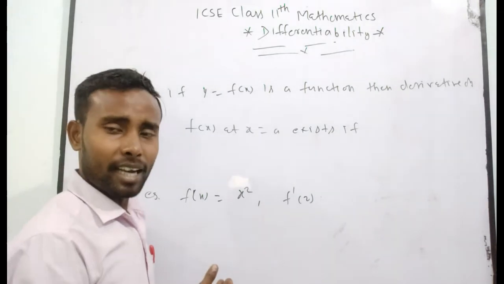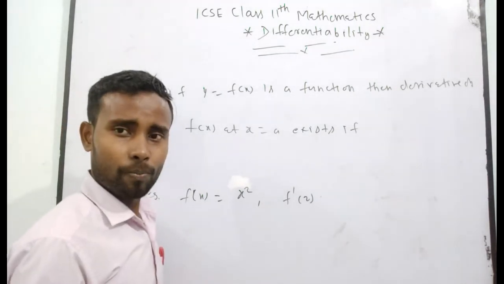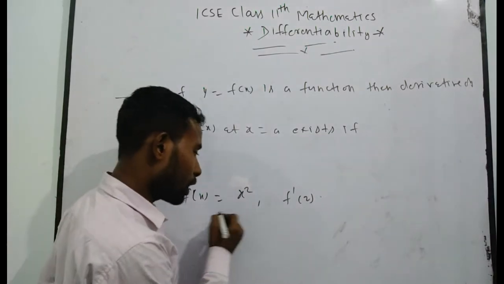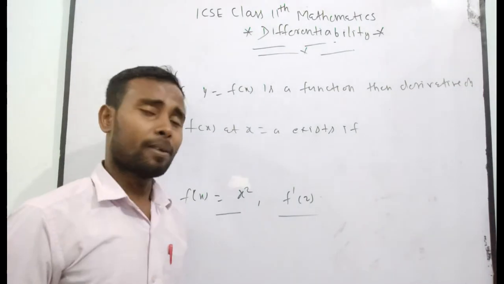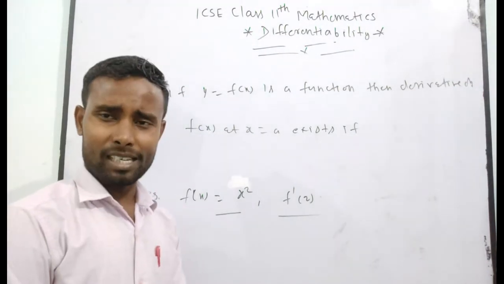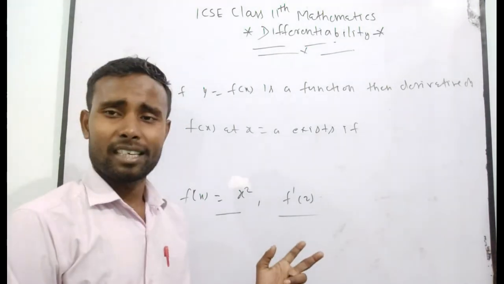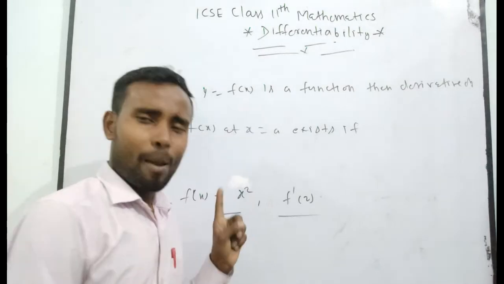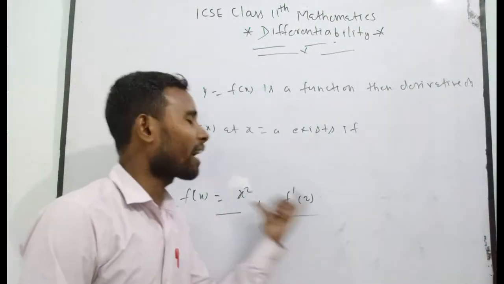It is very easy. I will discuss it in the next class, but I suggest that if f(x) is equal to x square and you have to find f dash 2, then don't find the left hand derivative and the right hand derivative separately, because you know that the derivative of f(x) equal to x square exists, because they asked you to find f dash 2.